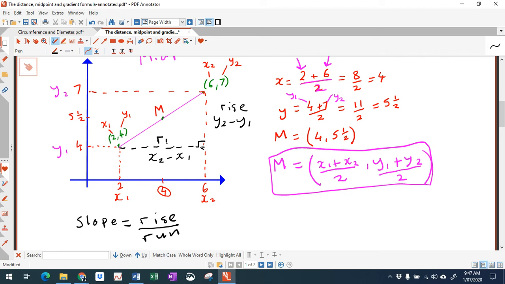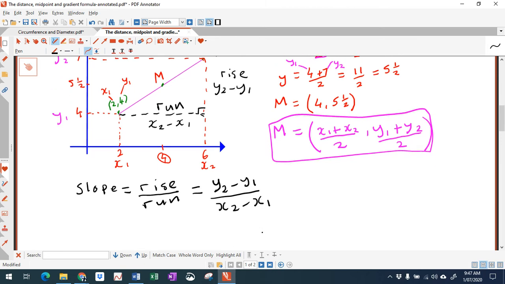So we did this last year. Rise over run. Okay, so let's have a look. So for rise, we have y2 minus y1 now. And for run, we have x2 minus x1. Okay, so there's our slope formula we're going to use.